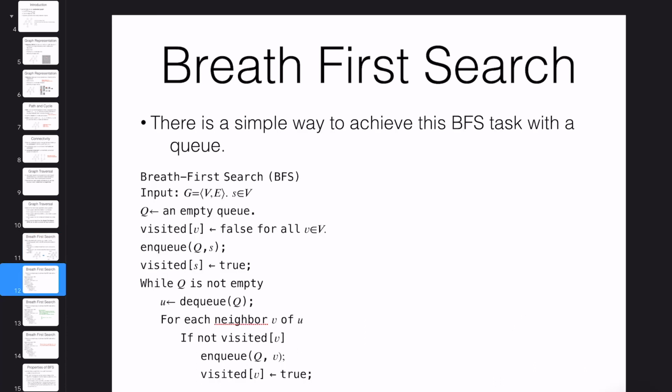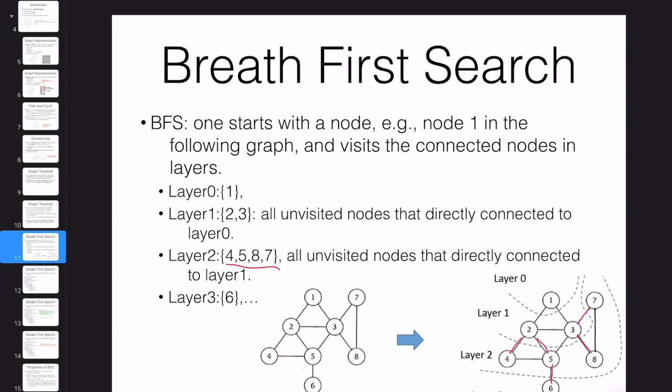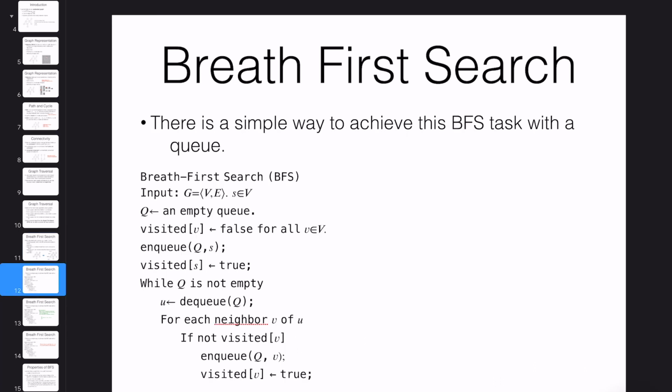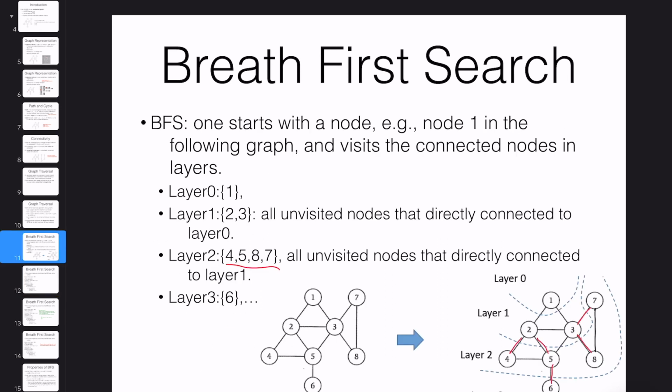Okay, so let me run the algorithm over this example. You start from node S and you create an empty queue, and you push node S into the queue. You remember that when I discussed these nodes, after 1 you visit 2 and 3, right?